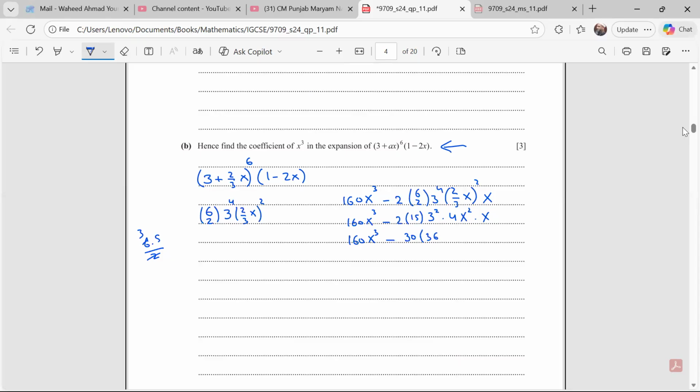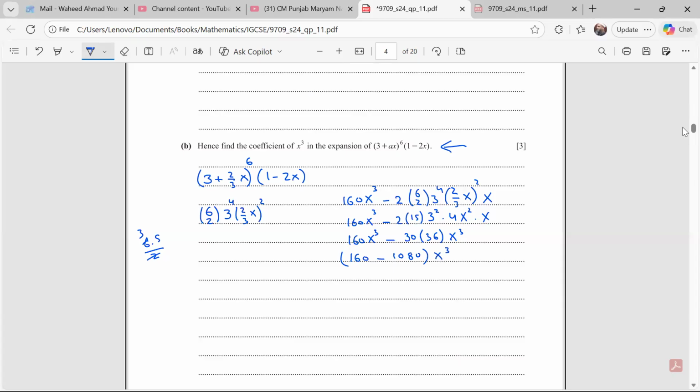Okay, and x power 3. I can take x cube common outside. So 160 minus, this is going to be 1080 and then x power 3 outside.